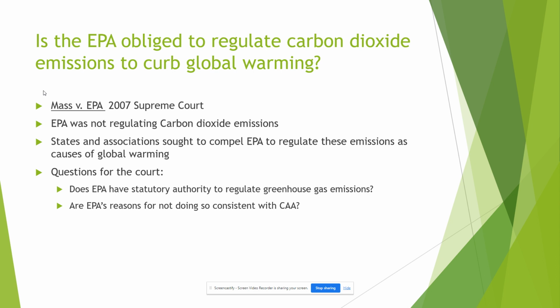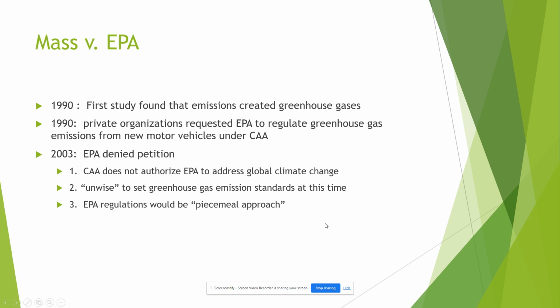And the various states and associations wanted to compel the EPA to regulate these as part of the Clean Air Act. So the question for the Supreme Court: does the EPA have the statutory authority to regulate these emissions? And the second question is, if yes, are there reasons for not regulating them under the Clean Air Act?